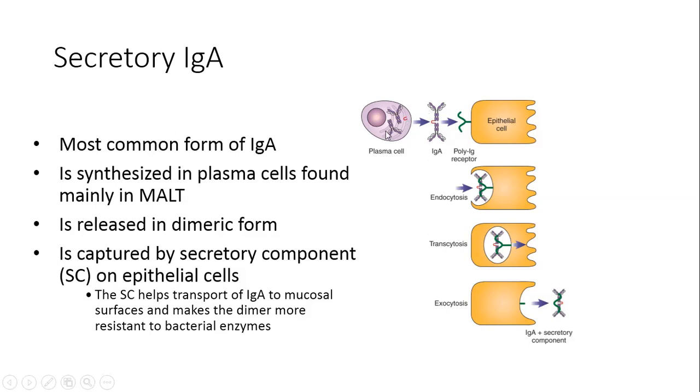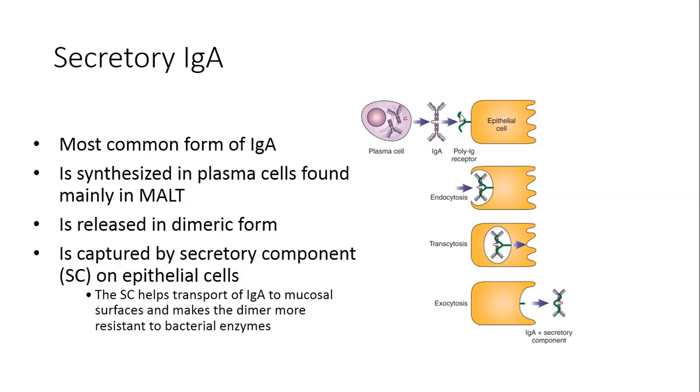These plasma cells are generally found in MALT, the mucosal-associated lymphoid tissue. They get produced in parts, and they end up being released from the plasma cell in its dimer form. So that's the first stage. The IgA dimer, notice it doesn't have that secretory component yet. The secretory component is actually on the surface of epithelial cells.